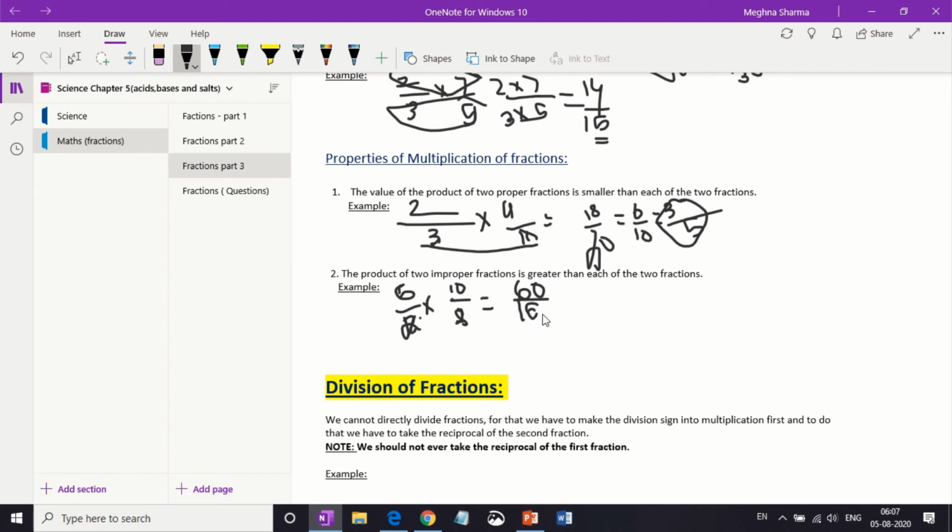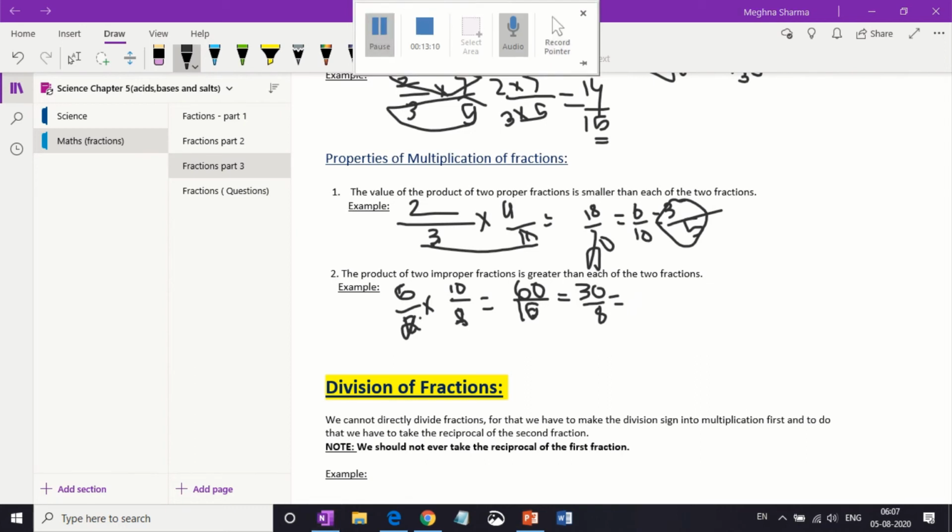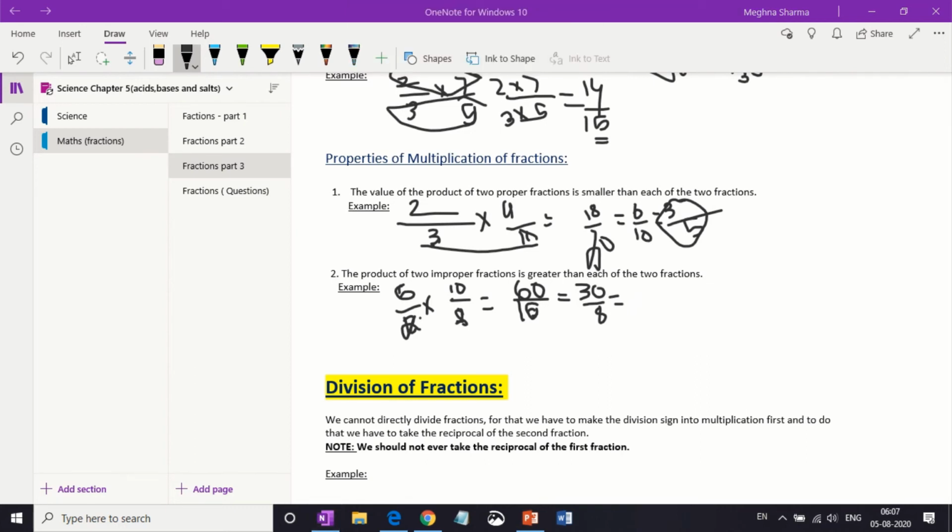Do both of these go in the same table? Yes. Now we have to do 30 by 8. Again you have to simplify.